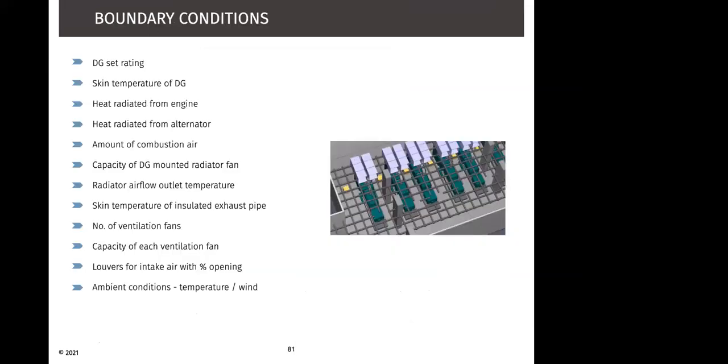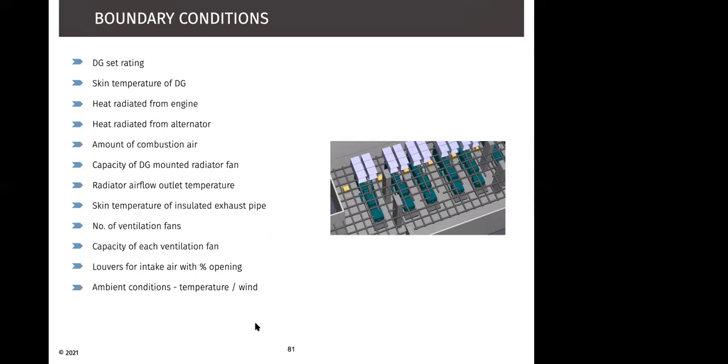So in case of a DG analysis, the boundary conditions that you would consider are the skin temperature of DG, the heat radiated from the engine, heat radiated from the alternator, amount of combustion air, capacity of DG mounted radiator fan, radiator airflow outlet temperature, skin temperature of insulated exhaust pipe, number of ventilation fans, the capacity of each ventilation fan, louvers for intake air with percentage opening, and the ambient conditions.